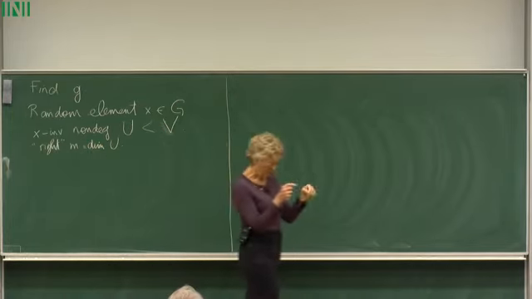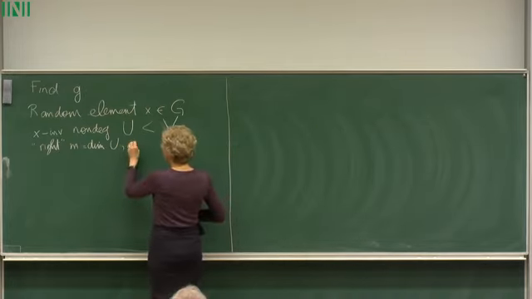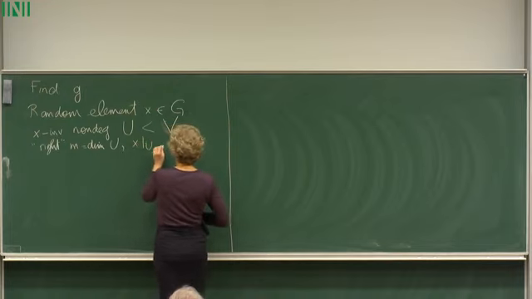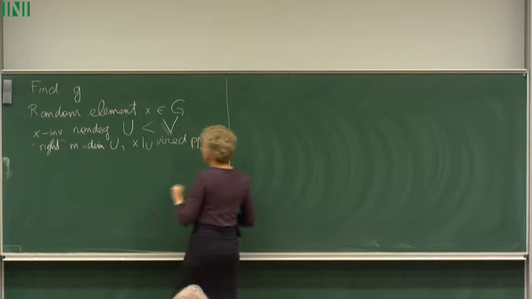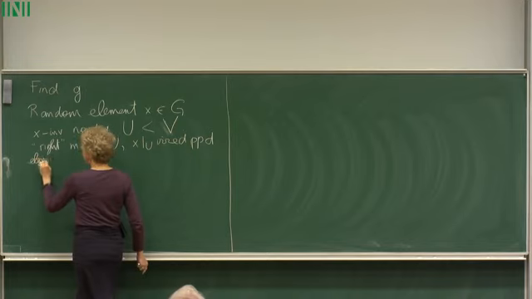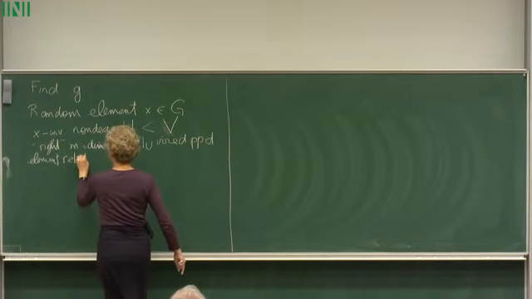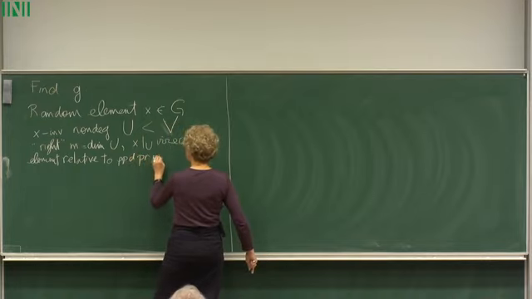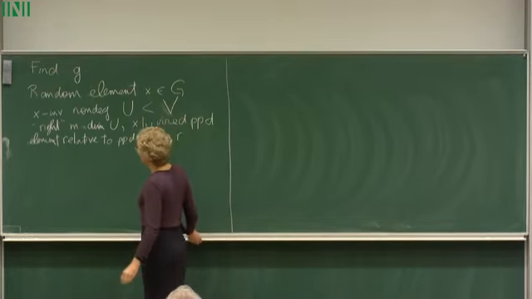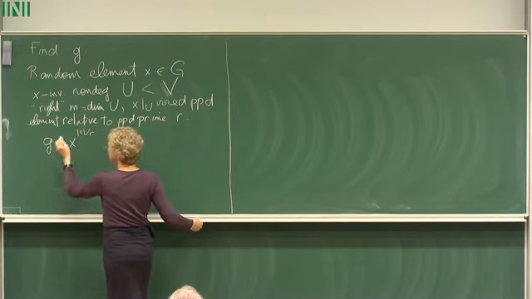So in fact, we're going to ask for m to be between log n and 2 log n. Okay, so it's non-degenerate. We're going to want x restricted to U to be an irreducible PPD element, let's say relative to one of these PPD primes R. And then we're going to raise x to the power its order divided by r, and that's going to be the element g.